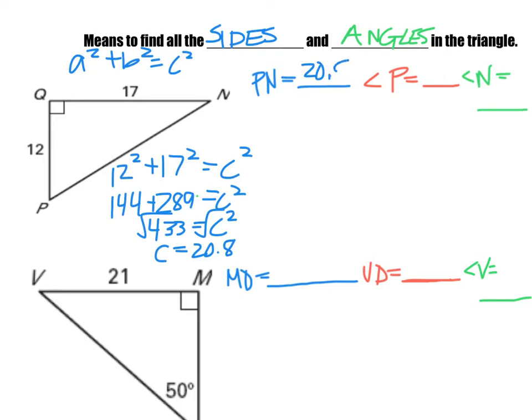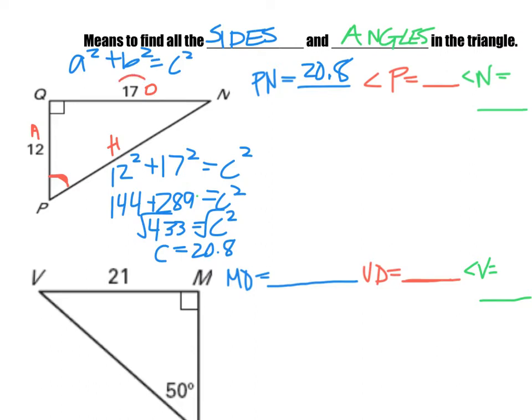Now, if all I know in a right triangle is the right angle, then I'm going to need to use trig to find one of the angles. So I wrote P first, so we're going to label P. And now since I want to use trig, my first step is to label H, O, A from angle P. Now if I had started with angle N, my O and A would be switching sides.